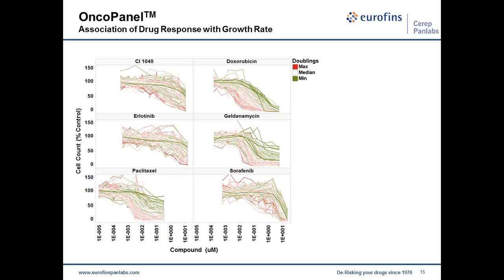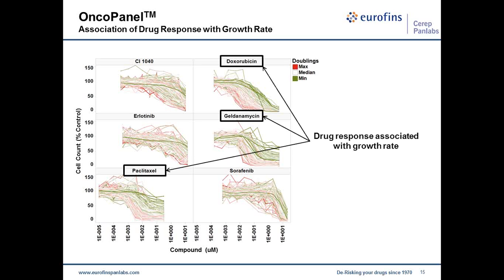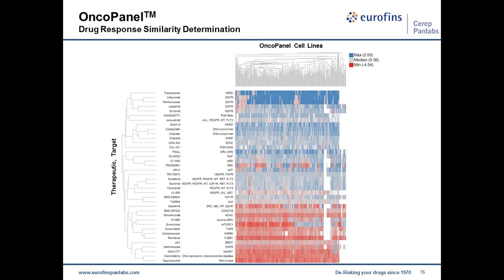Red indicates a cell line that doubles quickly, green indicates a cell line that doubles slowly. And what you can see quite readily is that there are a number of therapeutics whose drug response is tightly correlated with growth rate. This is in contrast with other inhibitors like CI-1040 or Erlotinib, which are more targeted in nature and whose drug response is not correlated with cell growth rate.